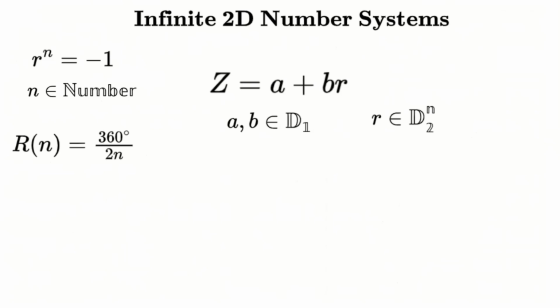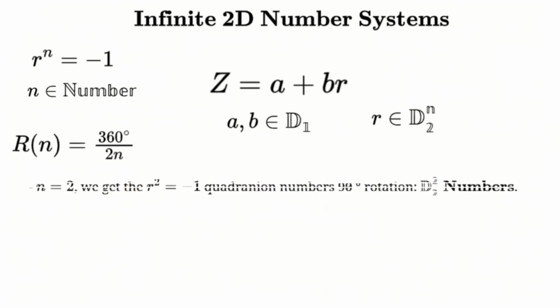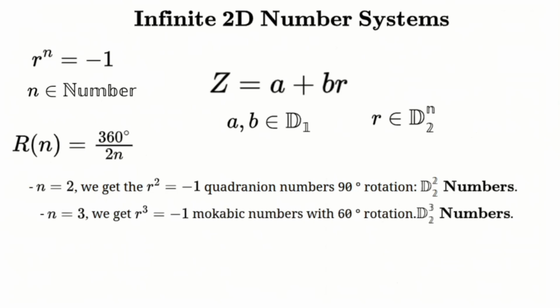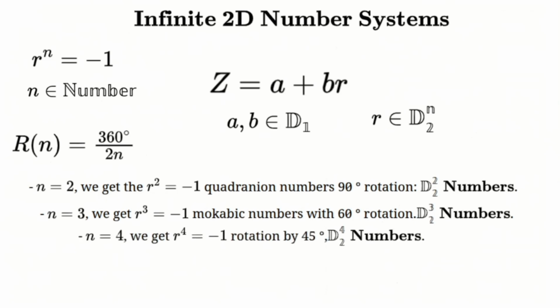For specific values, n equals 2 gives r squared equals -1, leading to complex numbers with a 90-degree rotation. n equals 3 gives r cubed equals -1, leading to Mokabic numbers with a 60-degree rotation. n equals 4 gives r to the power of 4 equals -1, leading to a rotation by 45 degrees, and so on.